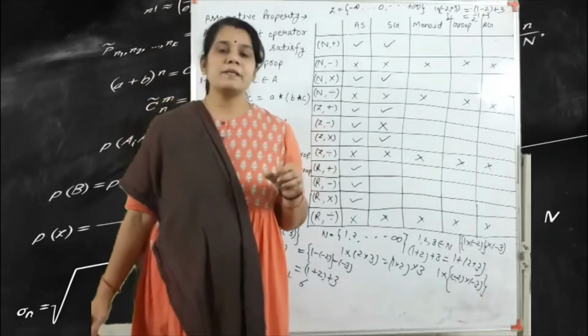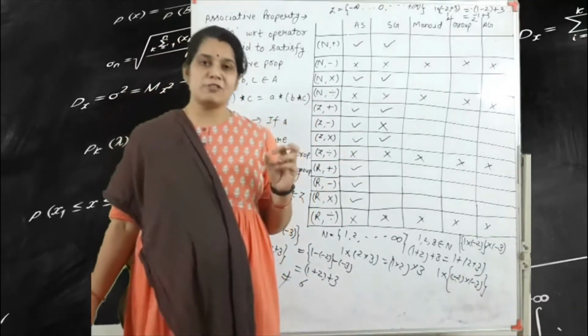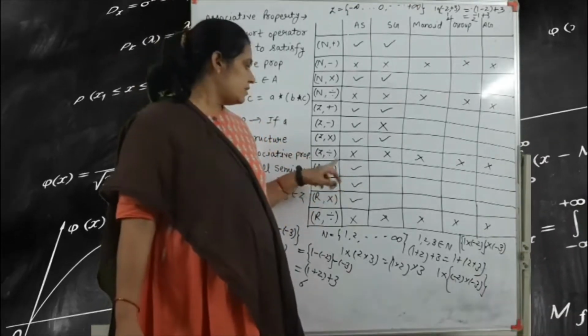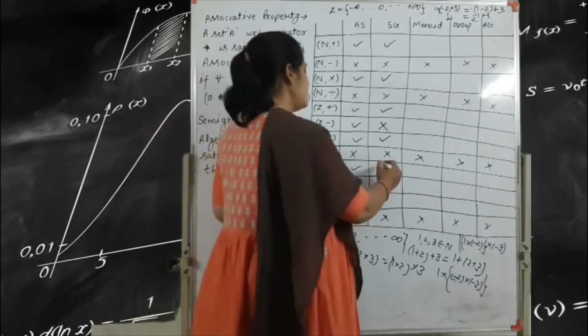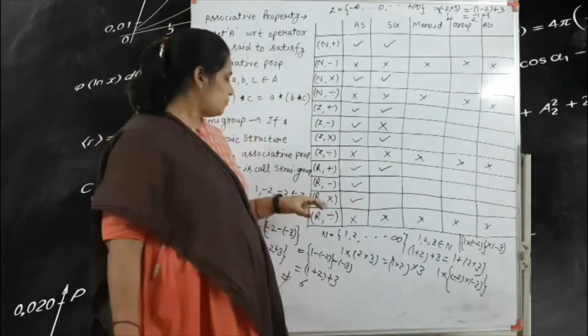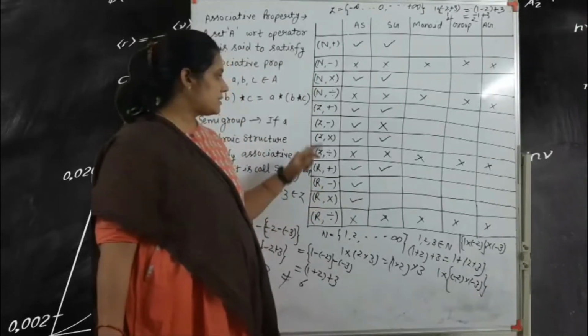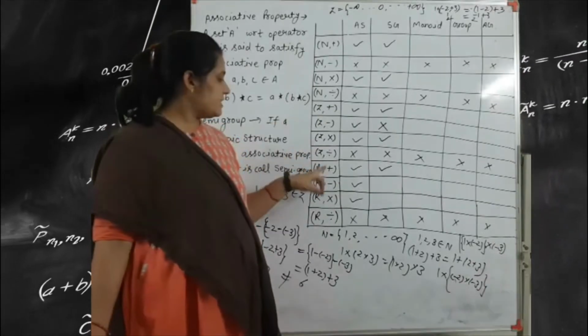Next one is R plus. So R plus, that means what? Minus infinity to plus infinity, but fractions are also included. So if we use R plus, no doubt R plus satisfies the associative property. If we consider R minus, just like Z minus, the one difference is the sign.